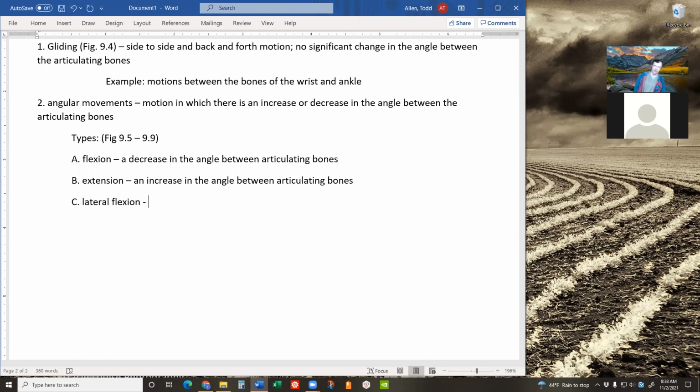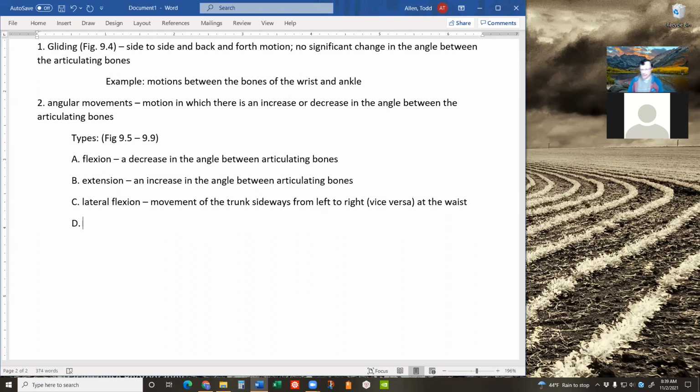Maybe you take an aerobics class, a yoga class, or some kind of fitness class at the gym, and you warm up by doing lateral flexion stretches. So, movement of the trunk sideways from left to right and vice versa at the waist.